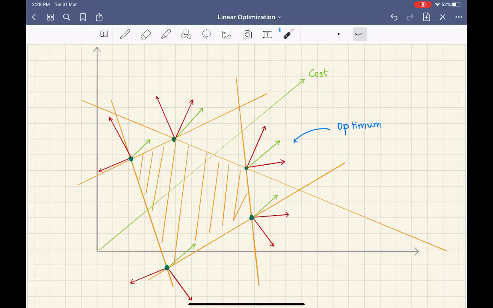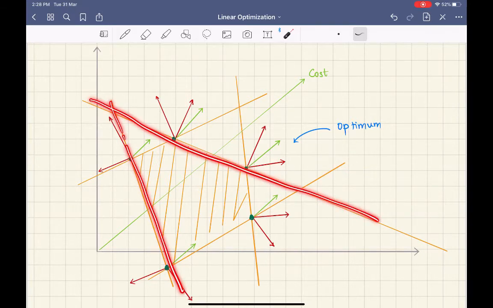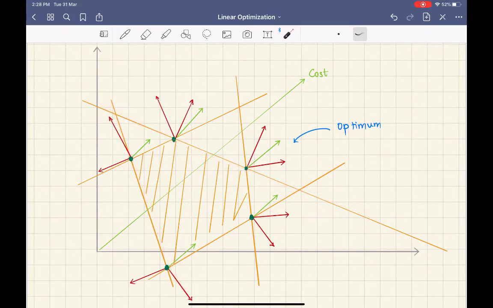So first look at the orange lines. This one, this one, this one, this one, and this one. So they are the defining hyperplanes. Let me number them.